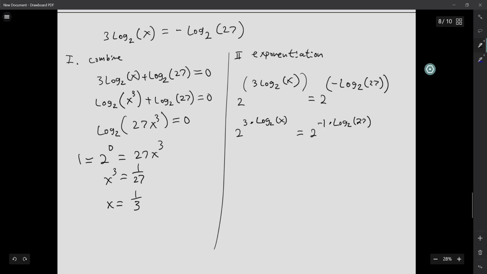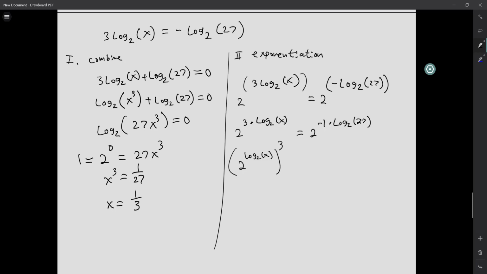Now I could do what I did over here. I could simplify each of my individual log parts by taking the coefficient and putting it inside as an exponent. But another thing I could do is rearrange using exponent properties. So I've got 2 to log base 2 of x, all of that raised to the power of 3, because exponents upon exponents gives you multiplication in the exponents.